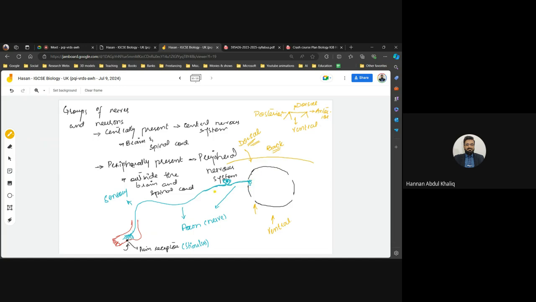Okay. Now, one more thing I need you to know, that not only one sensory neuron is present here. You have to be very careful while talking about this. See, this one is your nerve. No doubt the neurons are present in the nerves, but a single neuron cannot bring all the stimuli at a time.